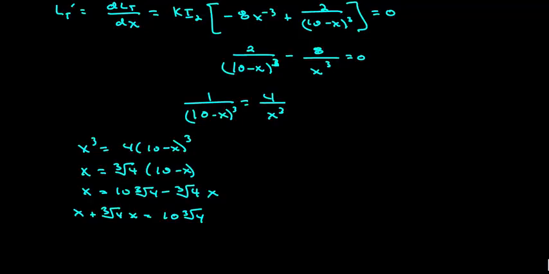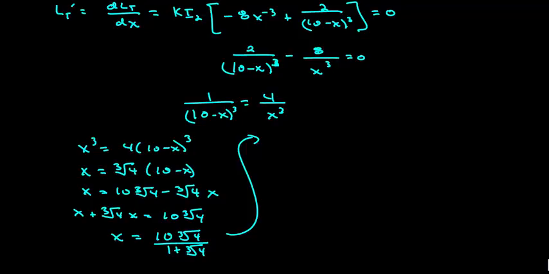Just like that. And so this would be x is equal to 10 times the third root of 4 over 1 plus the third root of 4. Okay. So that tells us what the x value should be at the minimum.